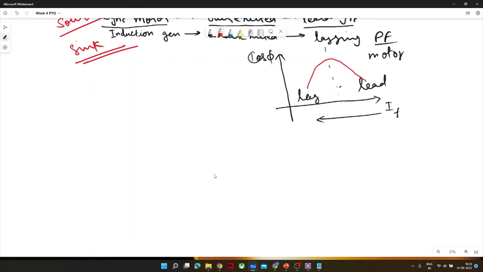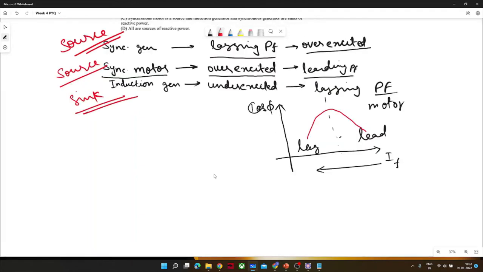No, it will work as underexcited. I showed you: if armature delivers reactive power, then it will work as underexcited for motor. If motor is working at lagging power factor, it means it has less reactive power than it requires to operate at unity power factor.